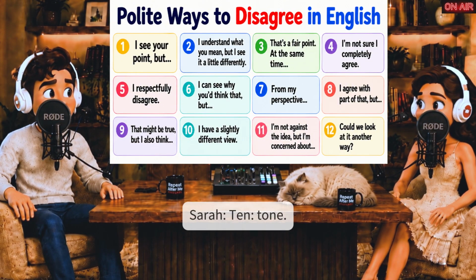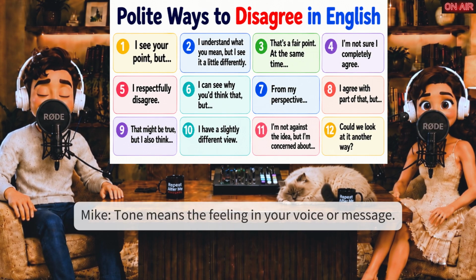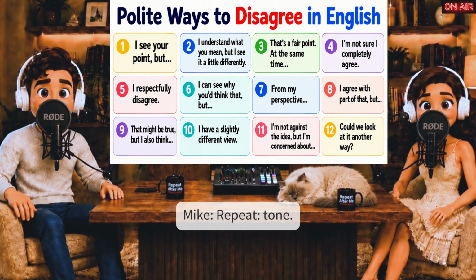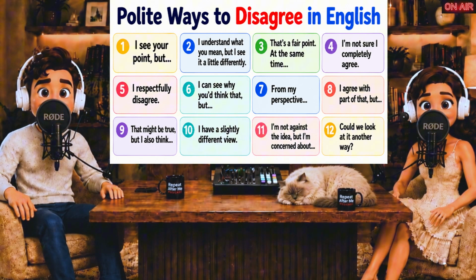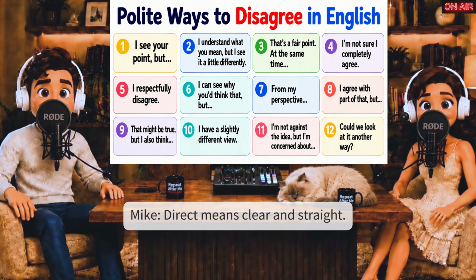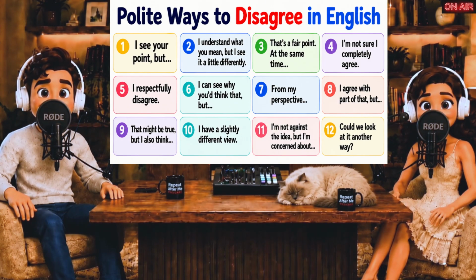10. Tone. Tone means the feeling in your voice or message. Example, your tone can make disagreement sound polite or rude. Repeat. Tone. 11. Direct. Direct means clear and straight.